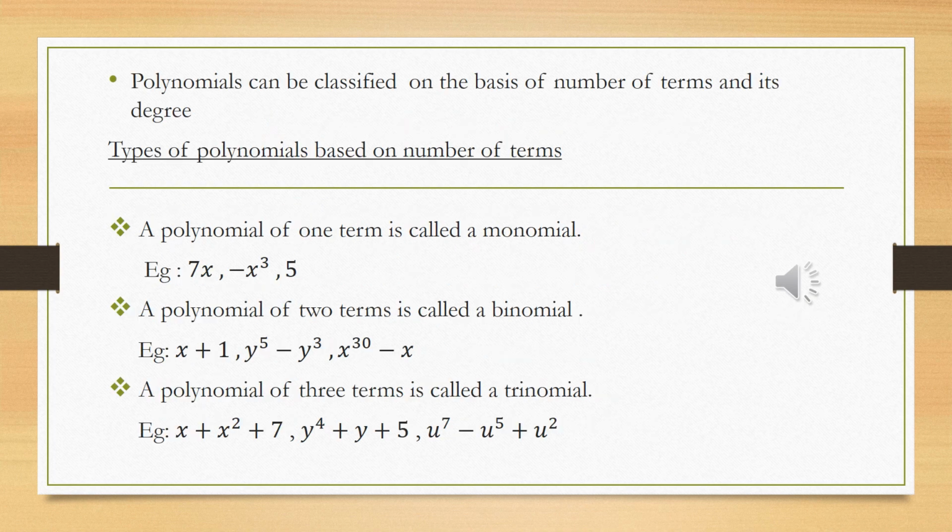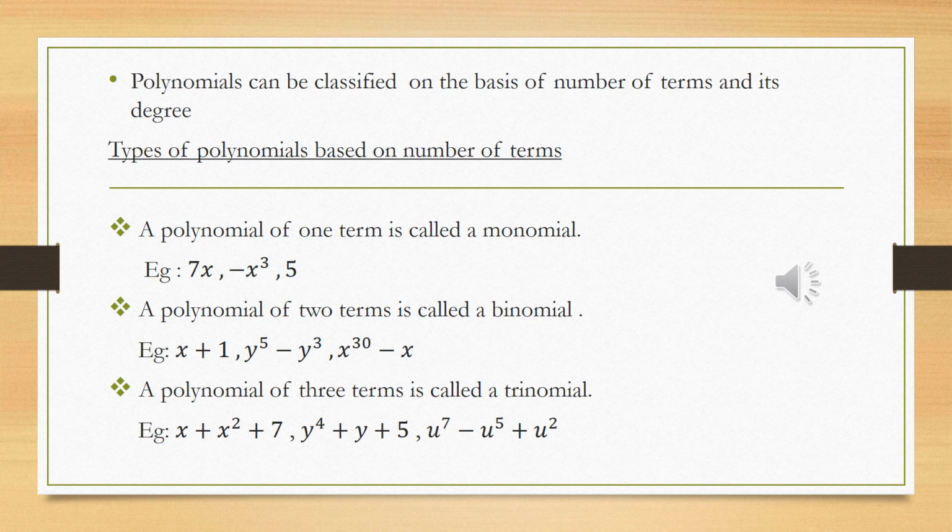Now polynomials can be classified in two ways, based on the number of terms and its degree. Based on the number of terms, we have already learned in class 8. That means a polynomial which contains only one term is called a monomial. Examples are 7x, negative x cube, 5 and so on.